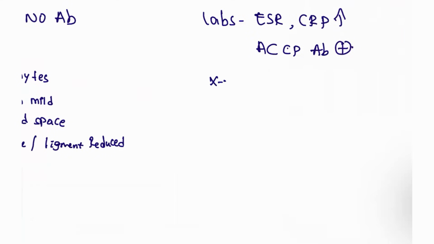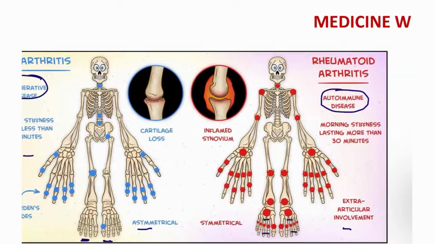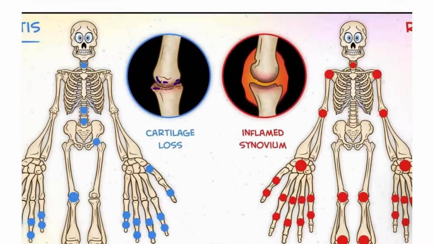Coming to the X-ray of rheumatoid arthritis, you are going to see aggressive erosions, and joint narrowing is also seen. Here you can see how the cartilage and capsule are lost in osteoarthritis, whereas inflammation and erosion are seen in patients with rheumatoid arthritis.